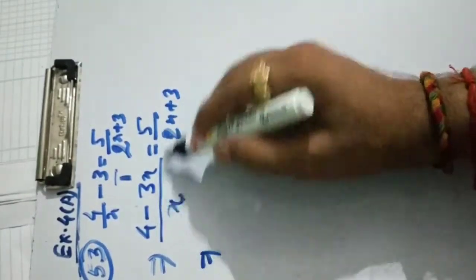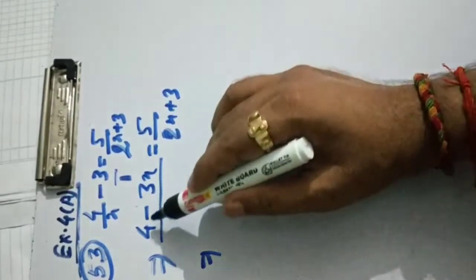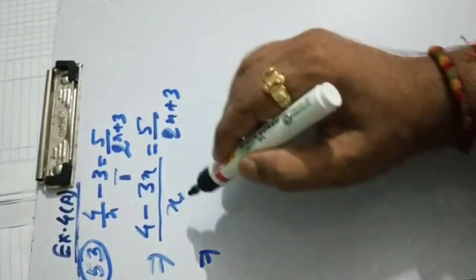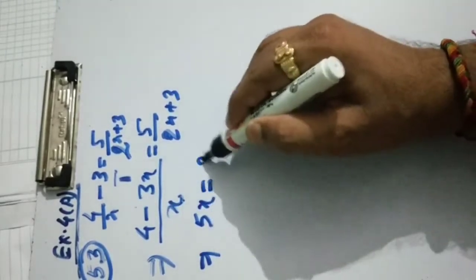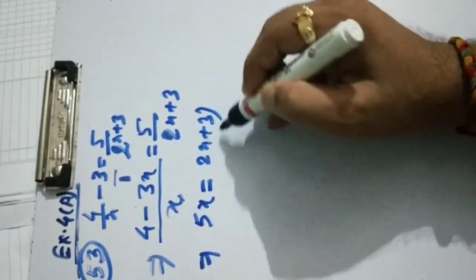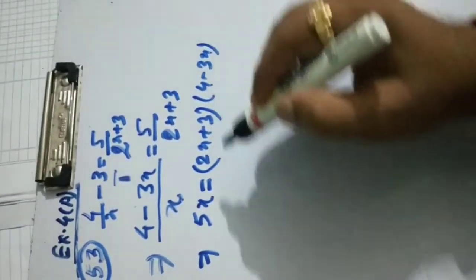Now let us cross multiply here. 4 minus 3x multiplied by 5 will be 5x is equal to 2x plus 3 multiplied with 4 minus 3x.